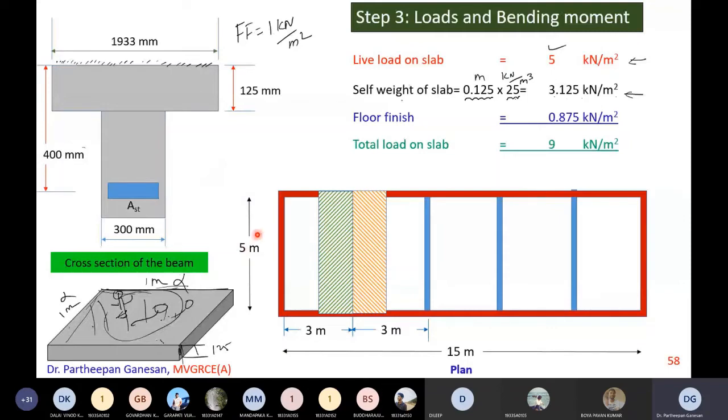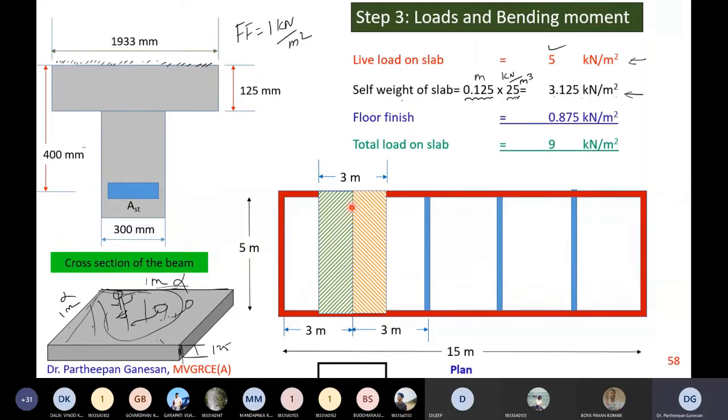But it's okay, you can assume that this is a distribution. Now, see here. This is 3 meter. So half of it means 1.5 meter. From this beam to this beam is 3 meter. Half of them will come to one beam, so it is also 1.5. So together it will become 3 meters.